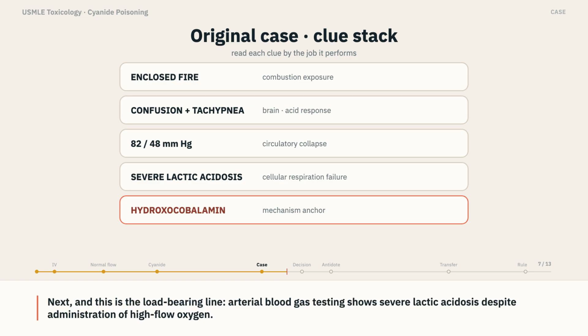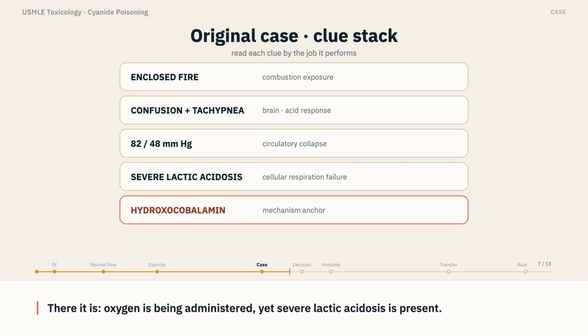Next, and this is the load-bearing line, arterial blood gas testing shows severe lactic acidosis despite administration of high-flow oxygen. There it is. Oxygen is being administered, yet severe lactic acidosis is present. That is compatible with failed mitochondrial oxygen utilization, but it is not specific, especially in a hypotensive fire victim. The clue that settles this mechanism question comes next, the antidote that was chosen.